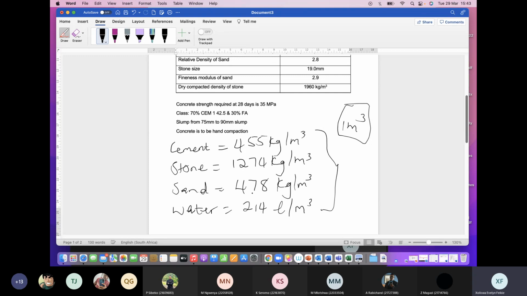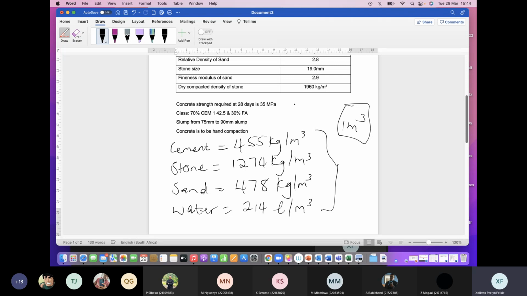And what you would do is just adjust them in terms of water, sorry, cement. You'll start with the cement, sand, and then stone, right? So that is what you would have.